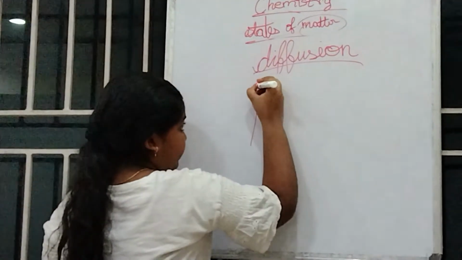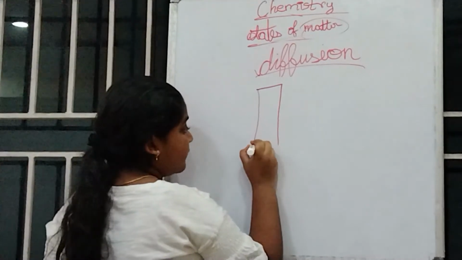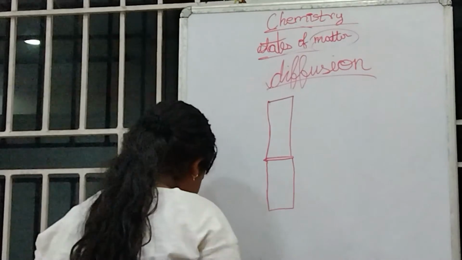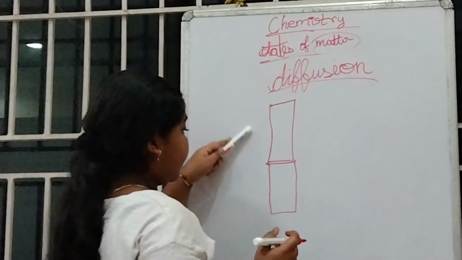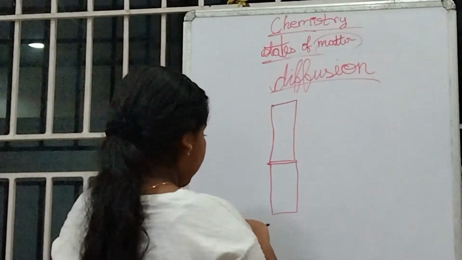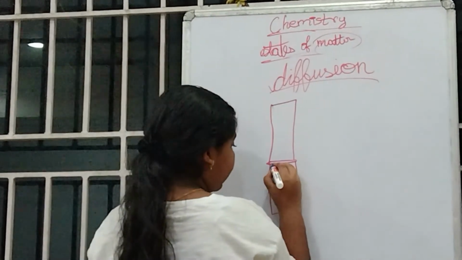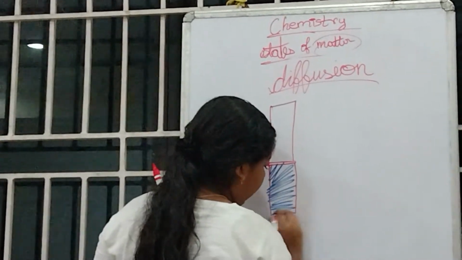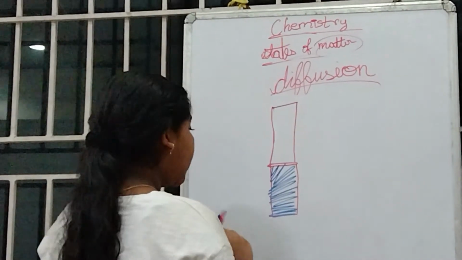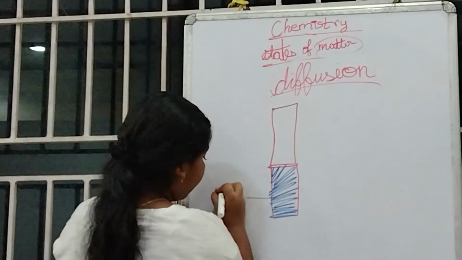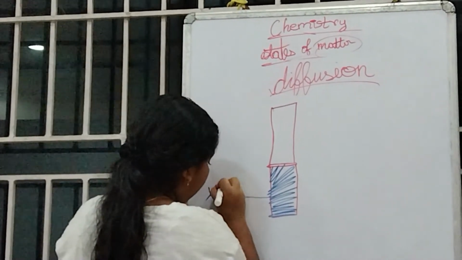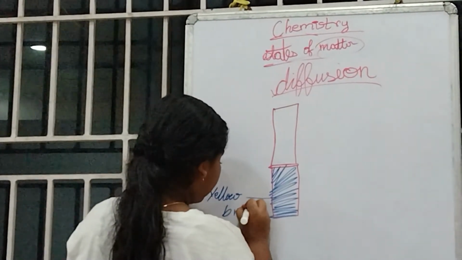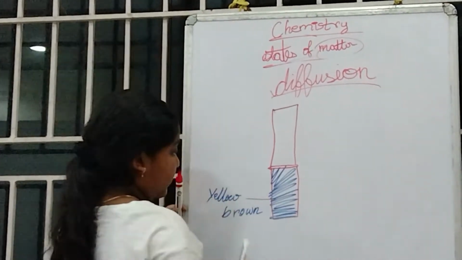Next we can see diffusion in gas. This is a gas jar. This is a colored gas, for example bromine gas, because its color is a yellow-brownish color.